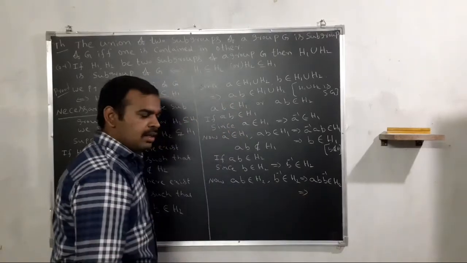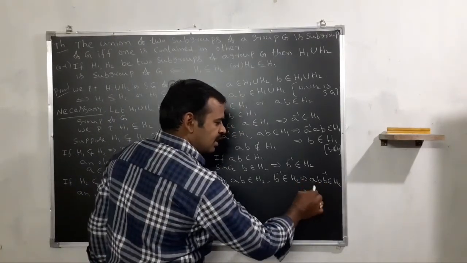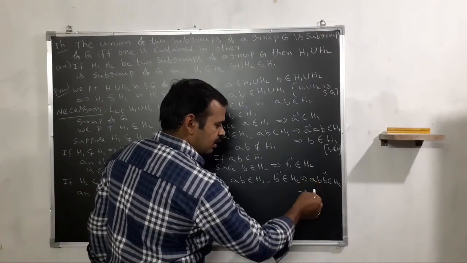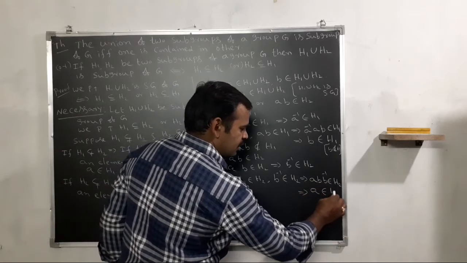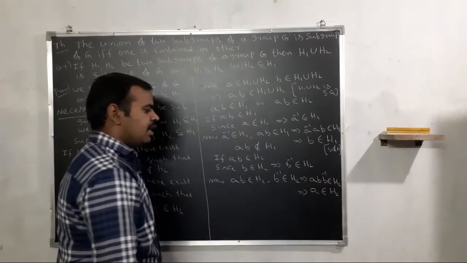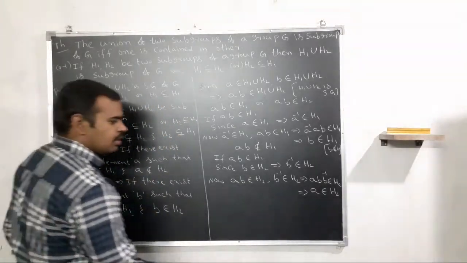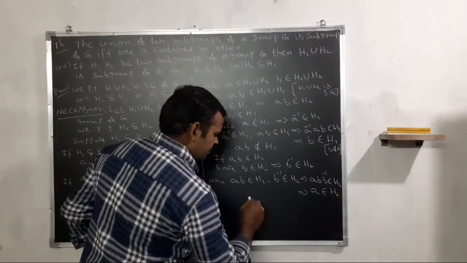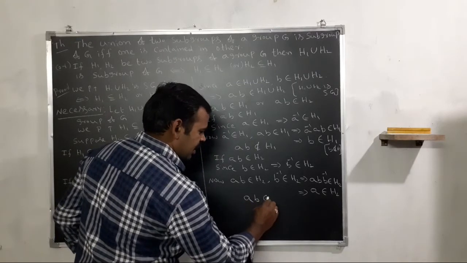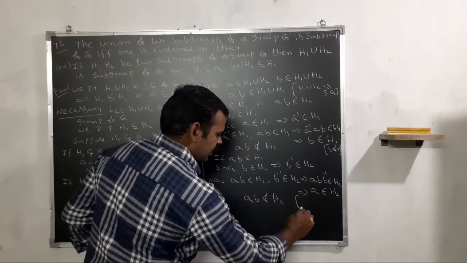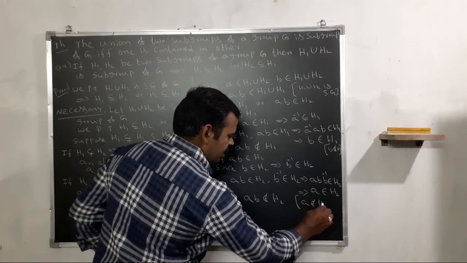This implies A B B inverse is A times E, that is A, belongs to H2. But A does not belong to H2. So it is a contradiction. So AB does not belong to H2, since A does not belong to H2.